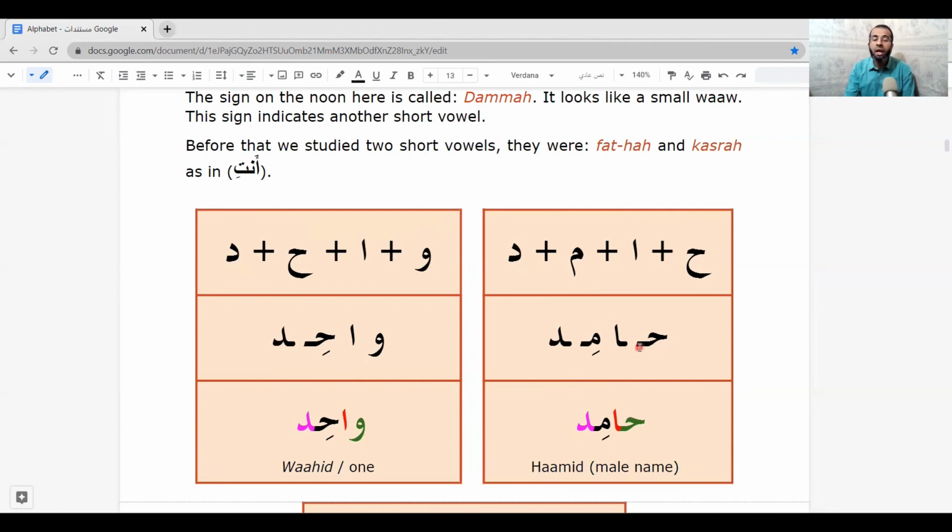So we have to say Hamid. This word, wa, a, ha, d, واحد. واحد means one.